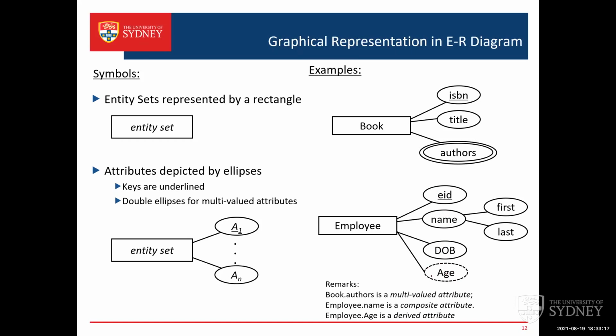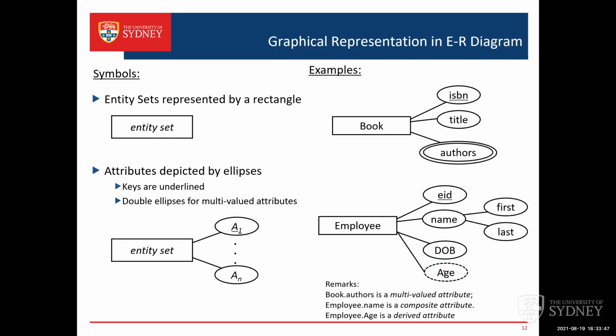For example, we want to derive the age of a person and store that in the database, so we can derive it from the date of birth that the person has entered. In the form, we will not ask for both date of birth and age. We'll simply ask for the date of birth, and from there, if we want to store something for ease of calculation later, we can do that, and that is known as a derived attribute.